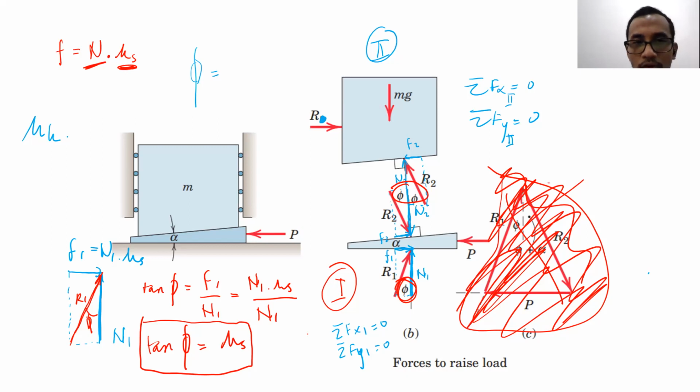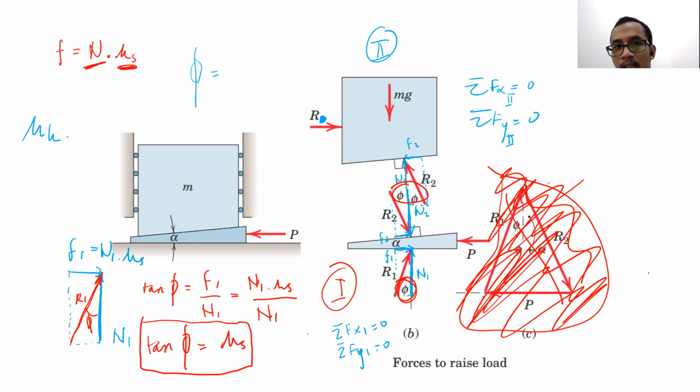Okay, sir. So most of the time, normally we use mu s because most of the time it is a stationary position. So theoretically, if we already exceeded the impending motion state, we can reduce the force P and the object will keep on moving, yeah? Yes. But if the P value is still the same as the force needed for the impending motion, then it will keep moving, right?